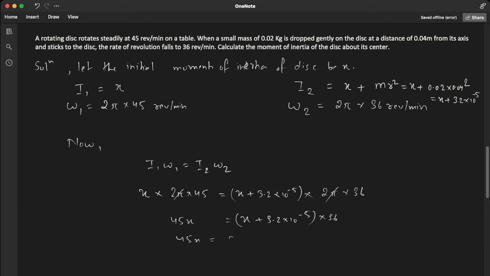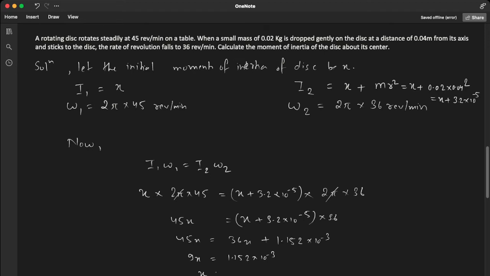45x is equal to 36x plus 1.152 into 10 power minus 3, or 9x is equal to 1.152 into 10 power minus 3.